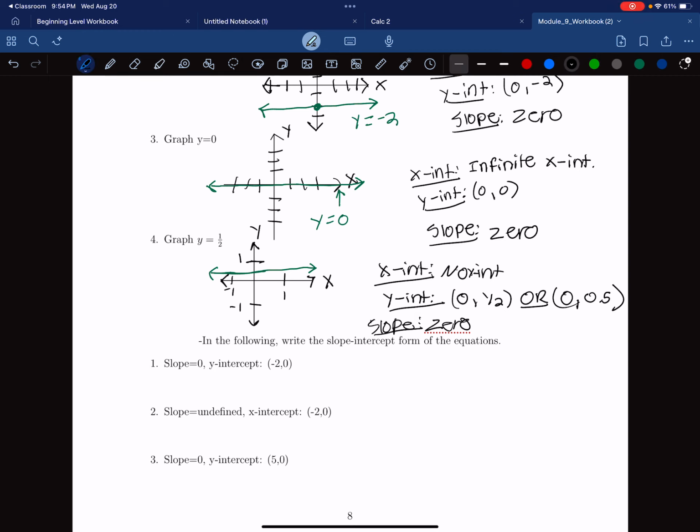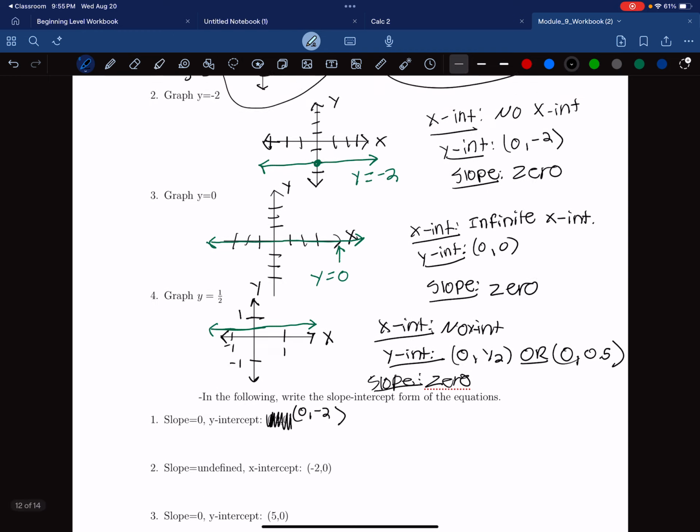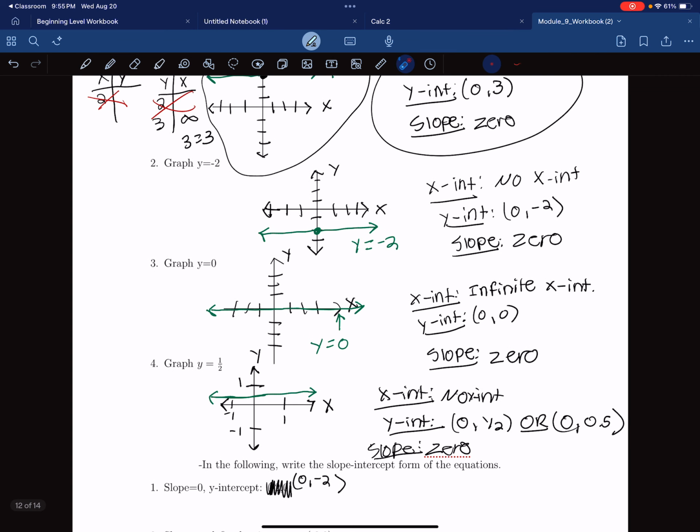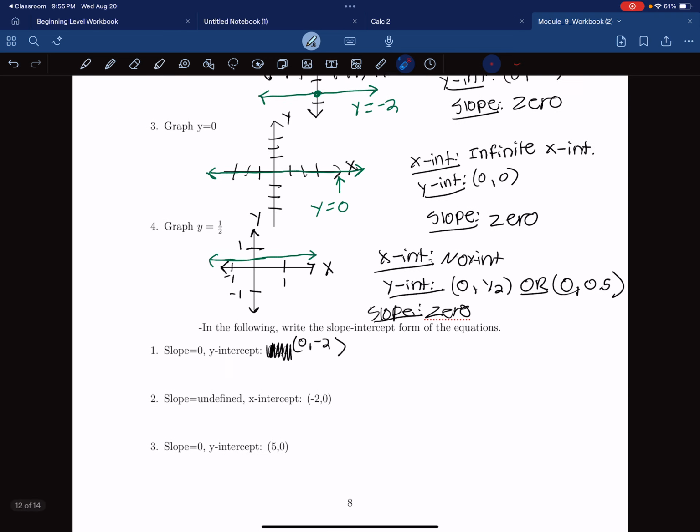So looking at problem 1, if we have a slope of 0 and a y-intercept of, this should not say -2, 0. This should say 0, -2. So if we have a slope equal to 0 and a y-intercept of 0, -2, well, as we can see from our trends, whenever we have y equal to some number, we're going to have this horizontal line, which means we have a slope of 0.